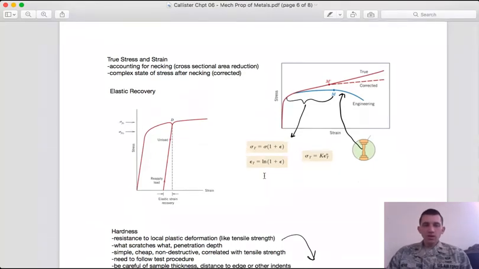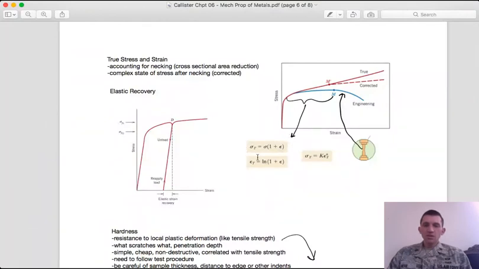And we can make an approximation using these expressions here, where we have this correction accounting for the strain, right? So as we strain, we are increasing the stress, because the strain is correlated to a reduction in the cross-sectional area.